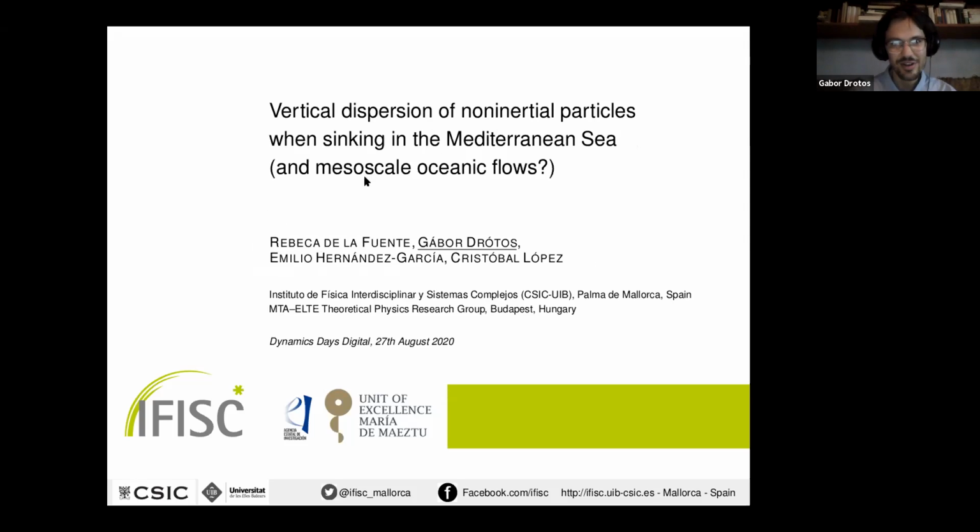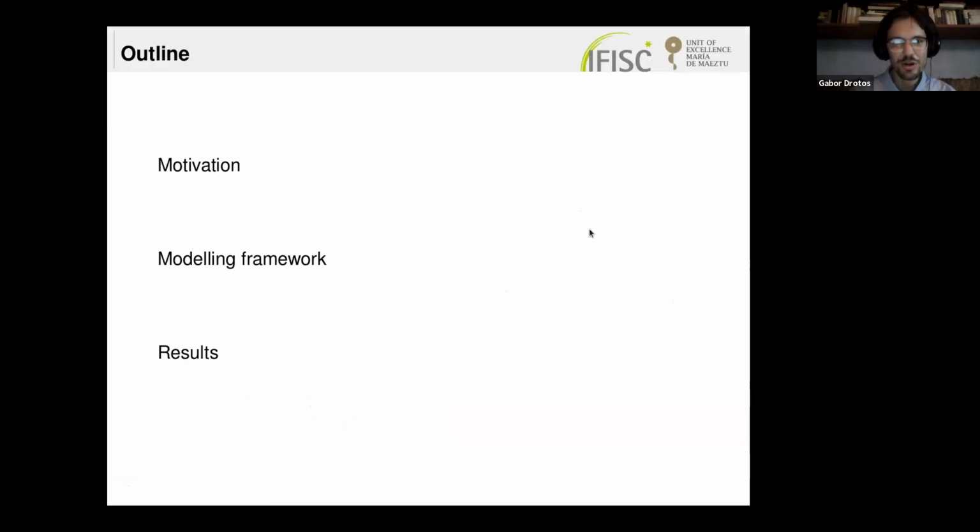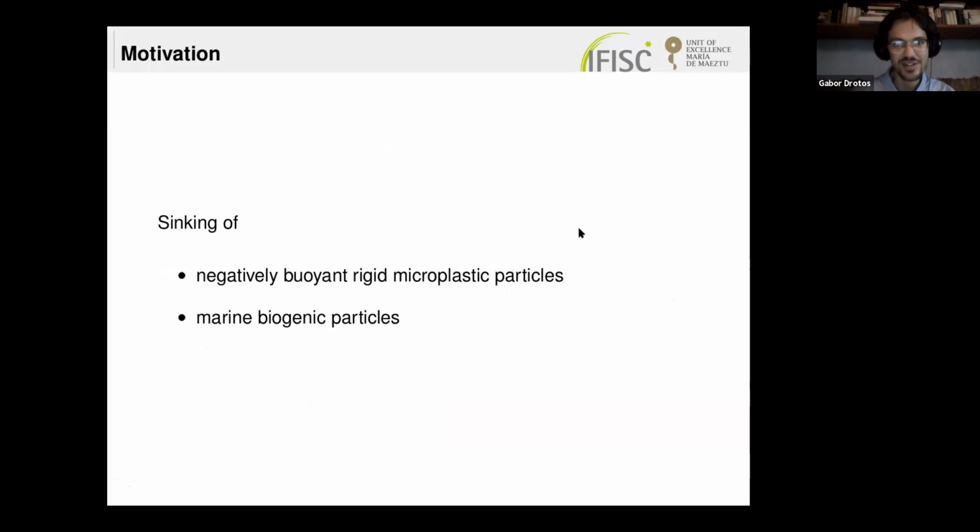And further simulations were planned, but unfortunately, we only have the Mediterranean setup so far. So what kind of particles was Rebecca interested in? They were microplastic particles, how they sink and how they distribute within the water column.